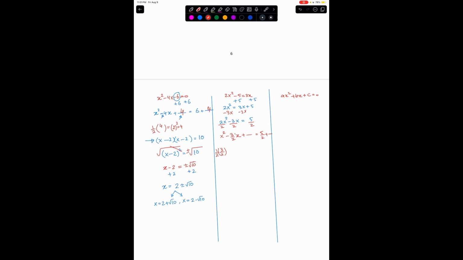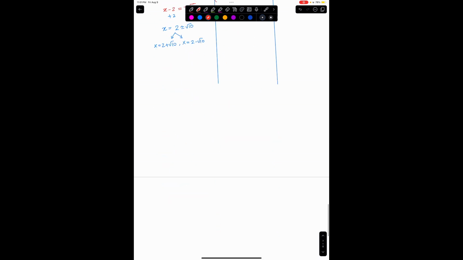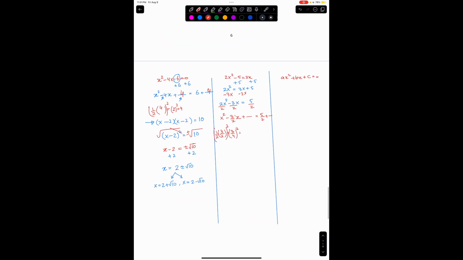And then we square it. So if you half it, you get 3 over 4. And then you have to square that. So we square it. We get 9 over 16. So we're going to add 9 over 16, 9 over 16 here.